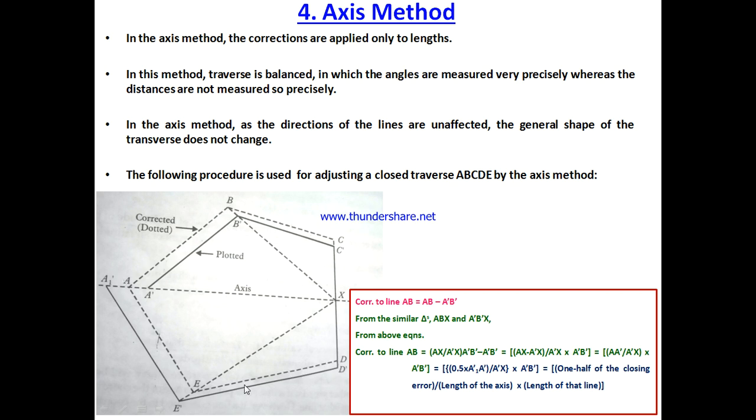Now we are getting a closed traverse. So it is geometrically stable, or we can say geometrically adjusted, because we are getting closed traverse A, B, C, D, E, which was earlier A dash, B dash, C dash, D dash, E dash and A1 dash. So we have reduced this error.